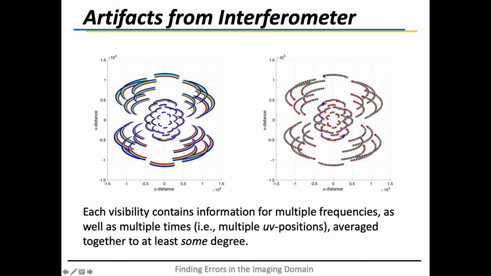Likewise, when you time average, so here I'm kind of showing, you can imagine cycle to cycle, so red to red or green to green, how much data roughly is being averaged together in each integration. The sky is moving every second, every millisecond, and so by time averaging even just a few seconds, you are smearing together a little bit of data in the UV plane.